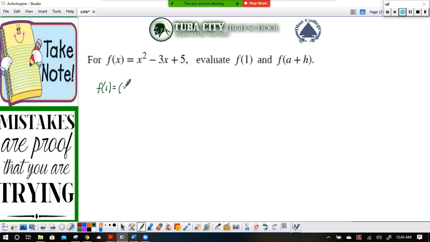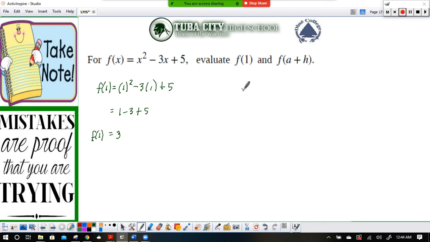So that means 1 squared minus 3 times 1 plus 5. And then we simplify. 1 squared is 1 minus 3 is negative 2 plus 5 equals 3. So f of 1 is equal to positive 3.